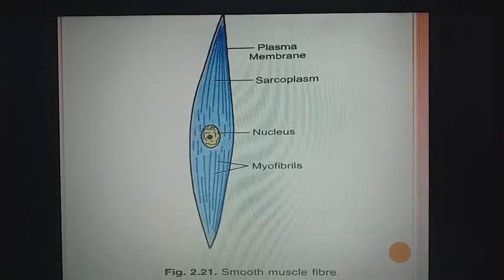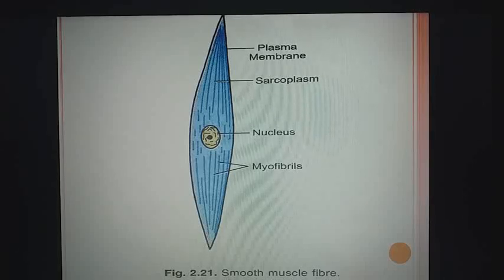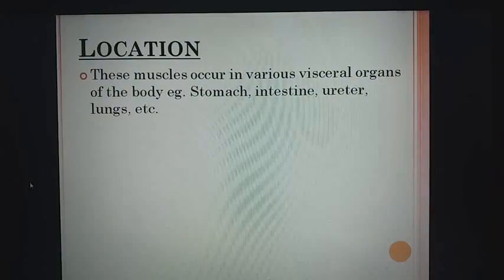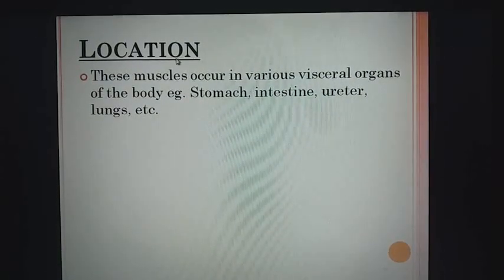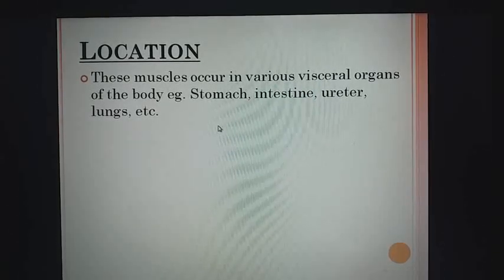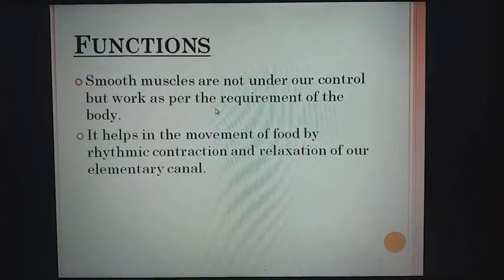Another is that why it is known as the involuntary muscle, because these muscles are not under our control. That's why it is known as the involuntary muscles. Now see here the location. So it occurs in the visceral organ of the body like the stomach, intestine, ureter, lungs, etc. So this is the location of the involuntary muscles.